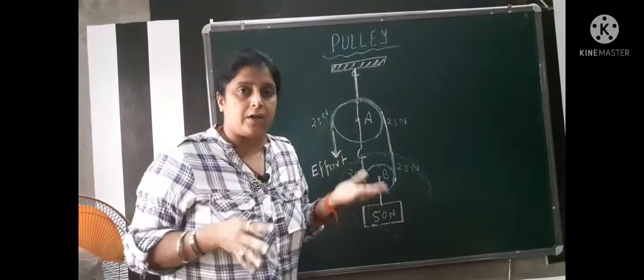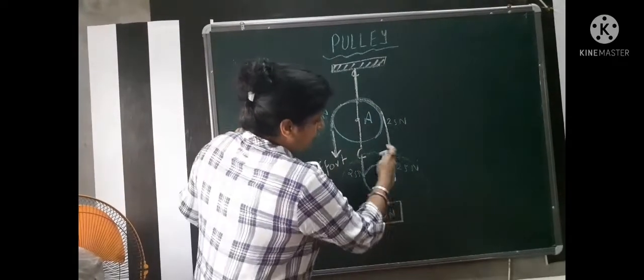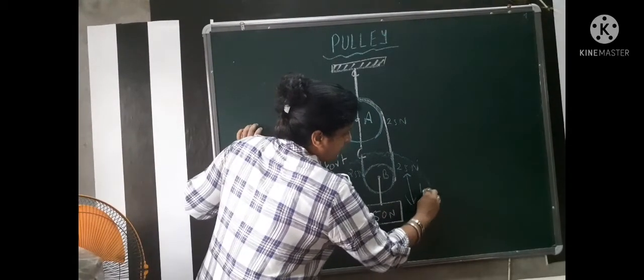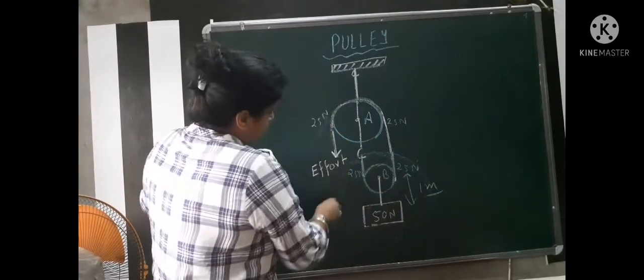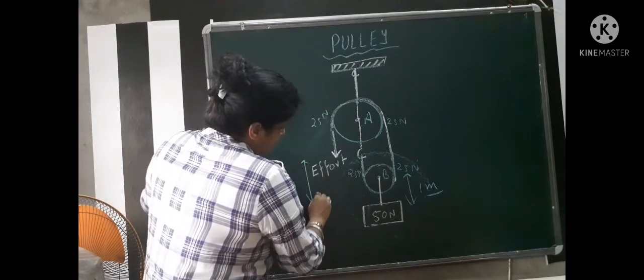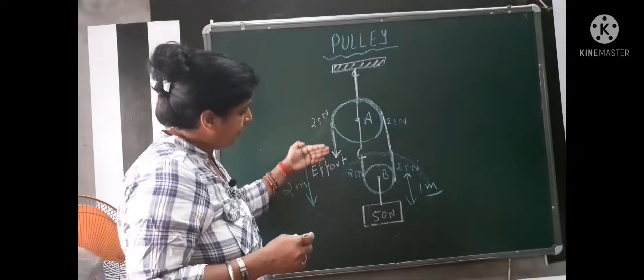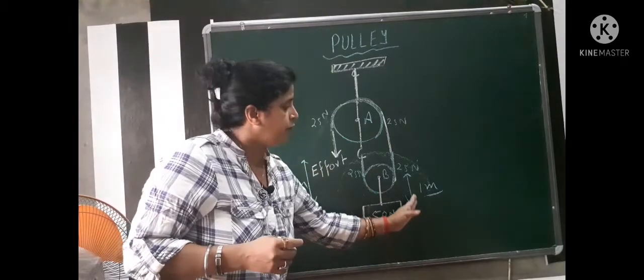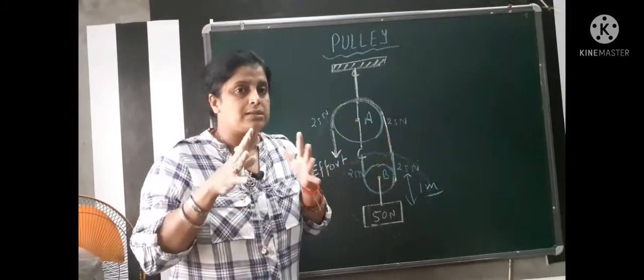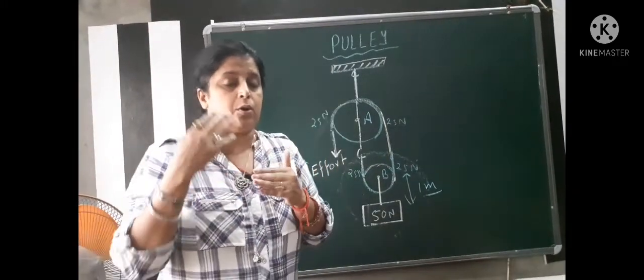Yes, we can lift it, but if we want to lift it 1 meter above, then we need to pull this rope down about 2 meters. When we pull it 2 meters downward, then it will lift 1 meter above. That concept you have to keep in your mind.